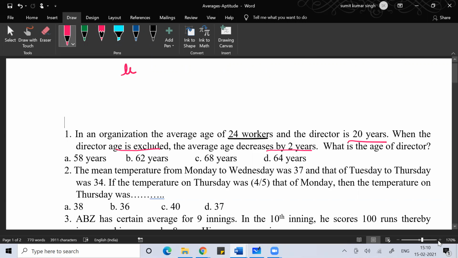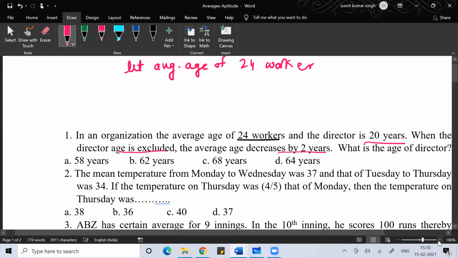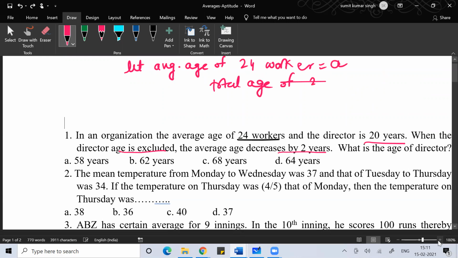Let the average age of 24 workers be A. So the total age of your 24 workers will be 24A.